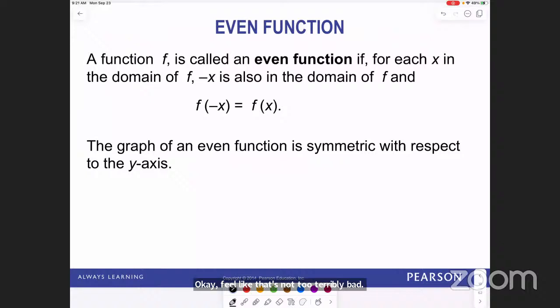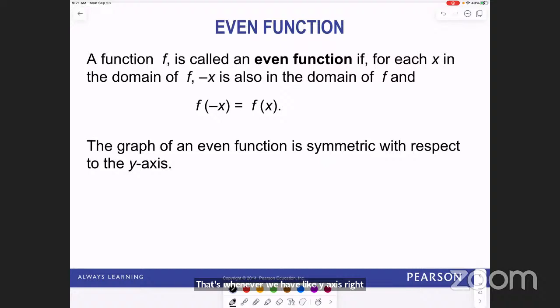So we say that a function f is called an even function if, okay. So we have some more terms, right? Even function. I'd rather just describe this first before we look at the formal definitions. So an even function, the simplest way to identify it, is whenever we have y-axis symmetry, right?